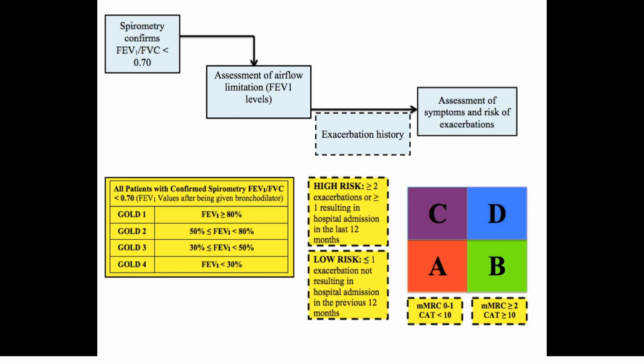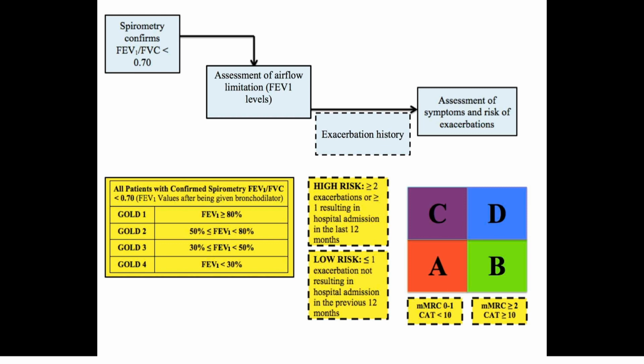A low FEV1 value, for example, also increases the risk of exacerbation in future, development of respiratory failure, severe respiratory failure, and even death. Also, to check clinical symptoms, we use the MMRC scale, which I already reported to you, and also the similar CAT scale, and we calculate both.